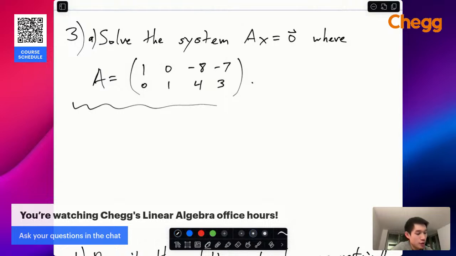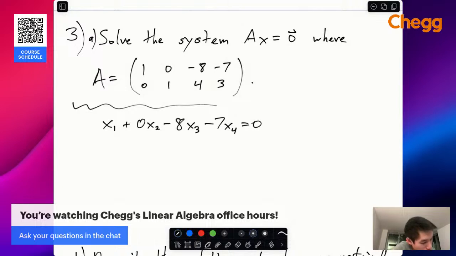First we can write out what it would mean to write AX equals 0 with this matrix A. It corresponds to two equations, one for each row. So the first equation is going to be x1 plus 0x2 minus 8x3 minus 7x4 equals 0.